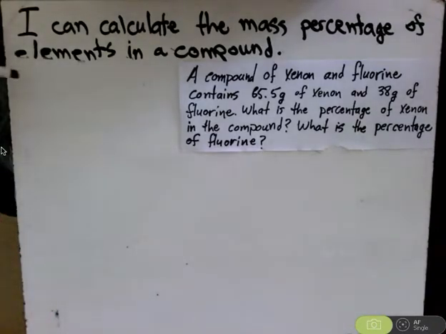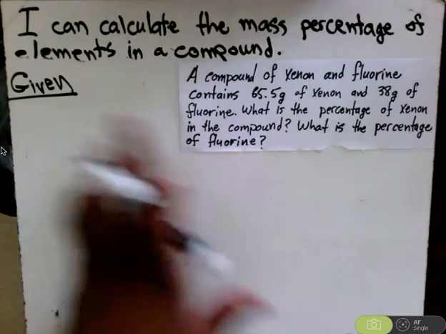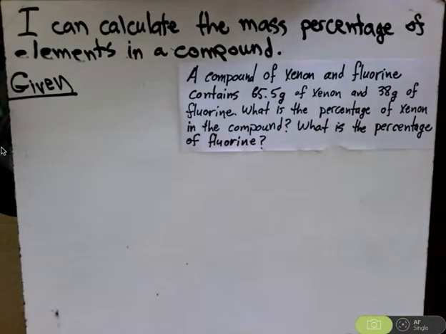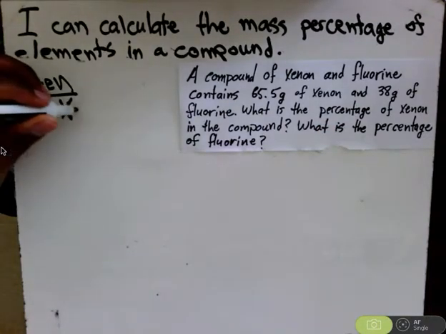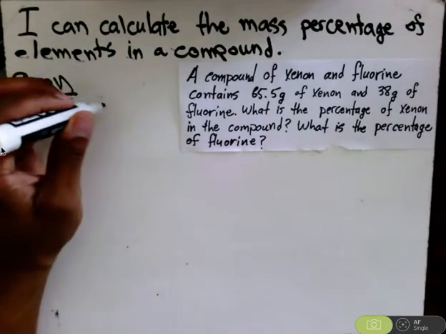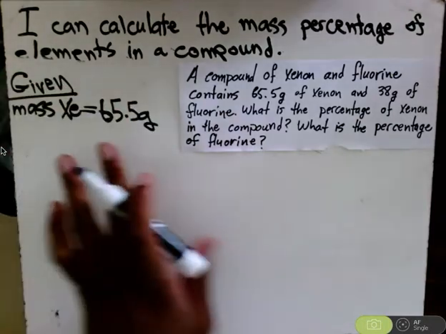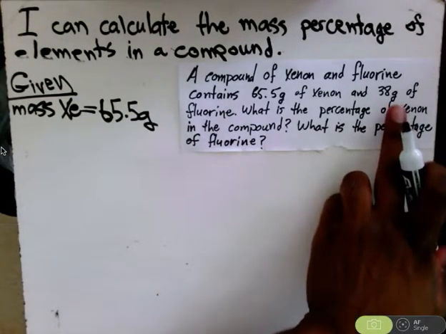So first, we start off with our given quantities. Given to us in the problem, the mass of xenon, which is 65.5 grams. Also given to us is the mass of fluorine, which is 38 grams.